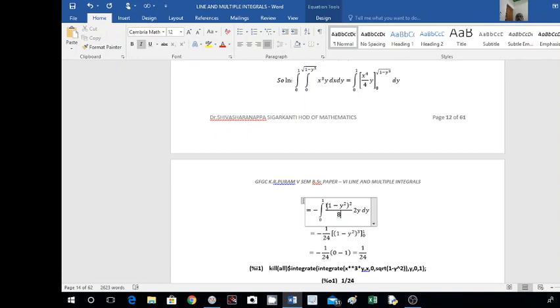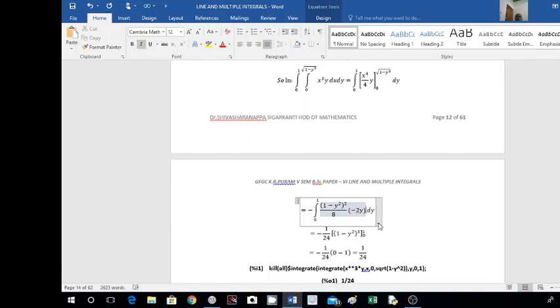That means here by the substitution method, if I put 1 minus y square equal to say t, then what is dt? dt is minus 2y dy, no. So therefore what I am doing here is, I will write this as minus, within bracket minus.